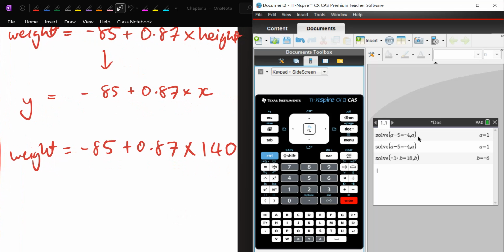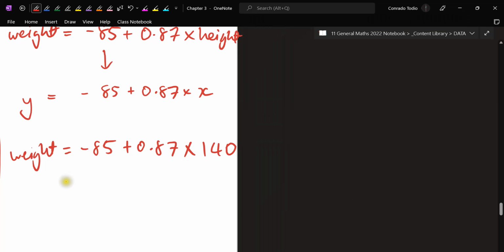Let's put that in: negative 85 plus 0.87 times 140. And we get 36.8, which obviously doesn't sound right. Now, what if it wants you to figure out what the height is?